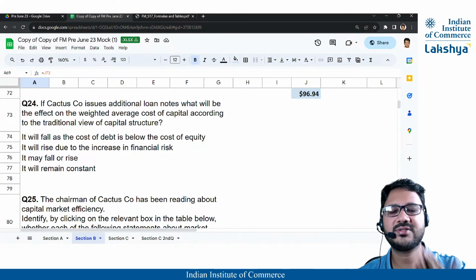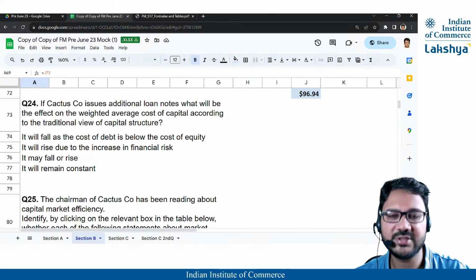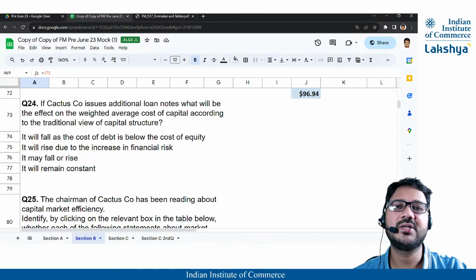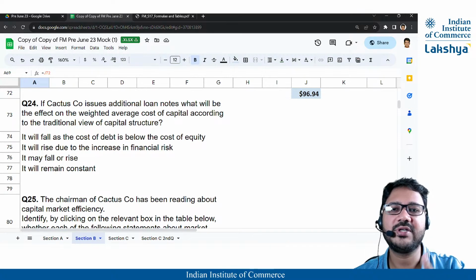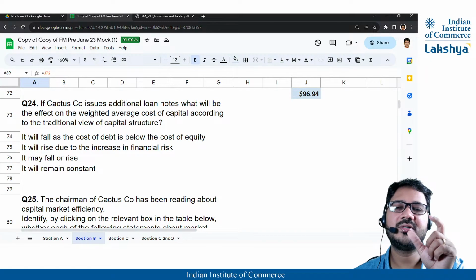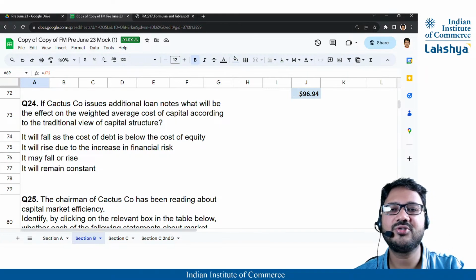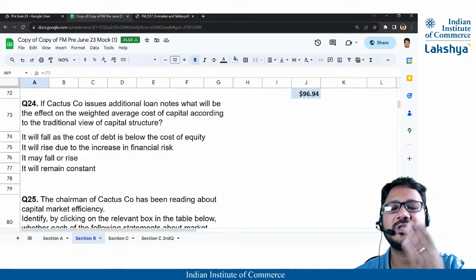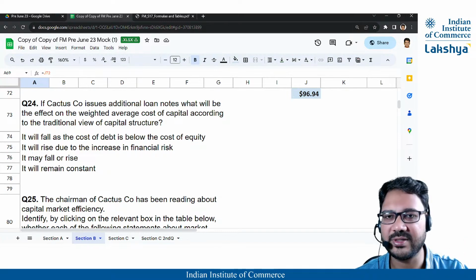And since financial risk will increase, the equity shareholders are going to perceive the company to be riskier, due to which the expected cost of equity or expected return would go up. But the traditional view also said that up to a certain limit, the cheapness of debt is going to bring down the WACC, because it is able to compensate for the rise in cost of equity.